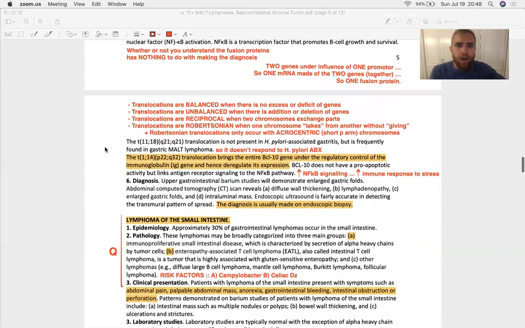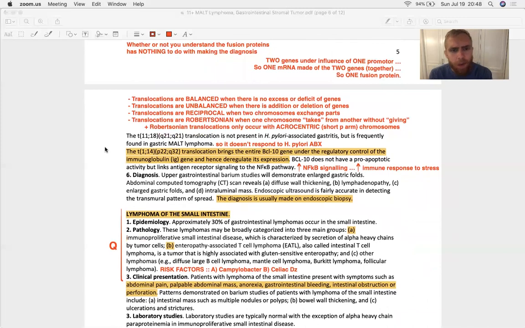So let's talk about translocations more broadly. We can have a balanced translocation and you can have an unbalanced translocation, okay? Now a translocation is swapping genetic material between chromosomes. So a translocation is balanced whenever it's even, dead even, all balances, 0.